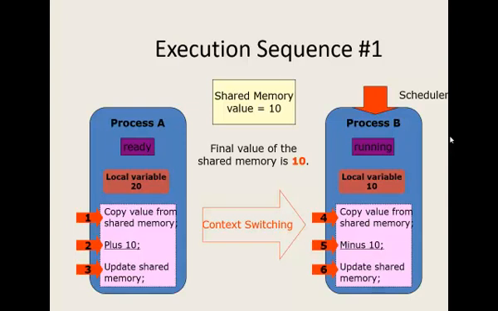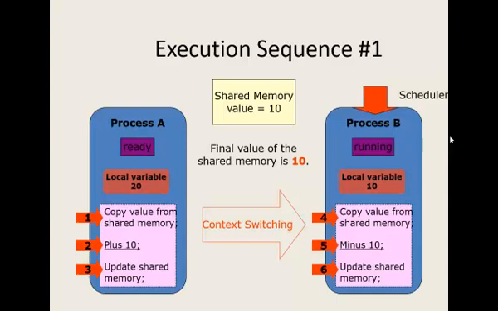This is what we expect, right? We start executing process A, then process B. When process A completes, the shared variable is updated, and then process B will copy the variable, do the necessary computation and update the variable. Process A adds 10, and process B reduces 10 from the shared variable. So at the end, the final correct result would be 10.